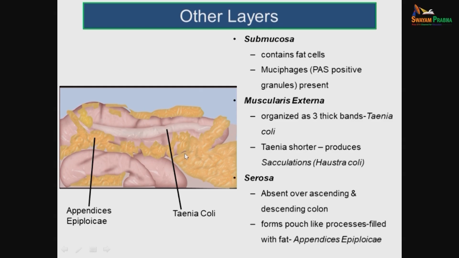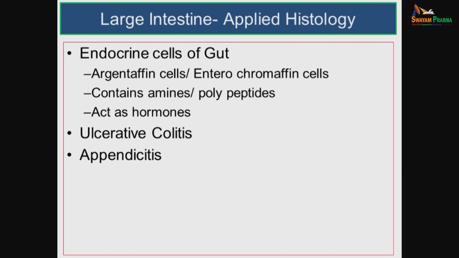These appendices epiploicae are not present in the rectum, anal canal and vermiform appendix. So, except for the appendix, rectum and anal canal, all other parts of the large intestine exhibit these appendices epiploicae. We will now have a few words about the applied histology of the large intestine.